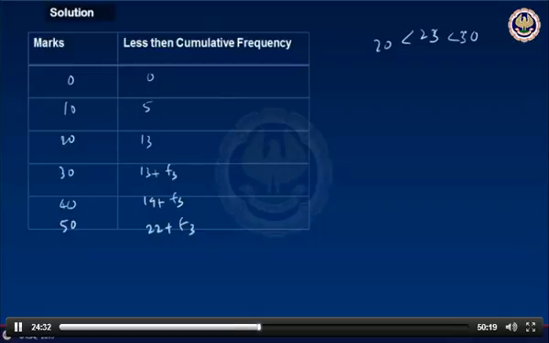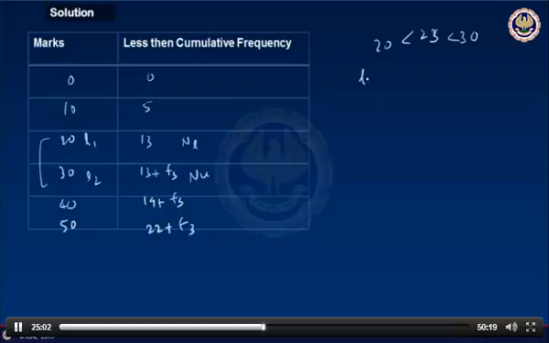In that case we assume the class that lies between these two, with L1, L2, and the respective frequencies NL and NU. Now accordingly we compute the median as follows.